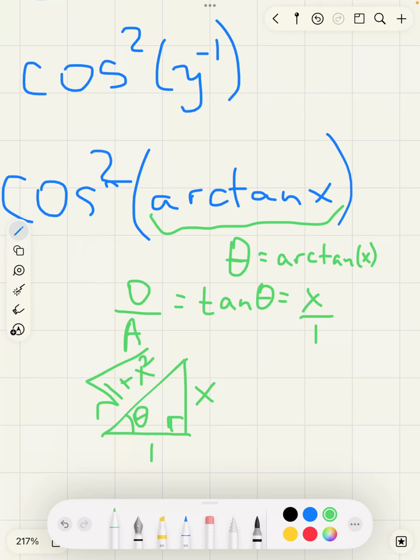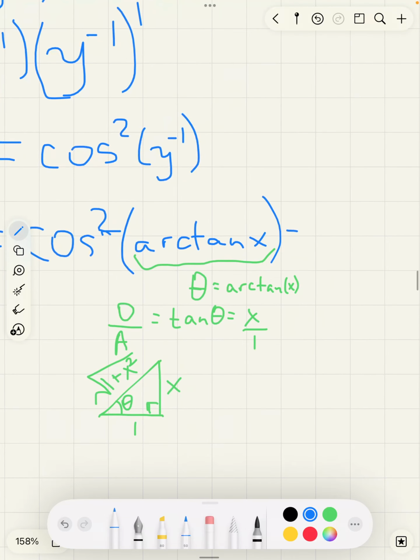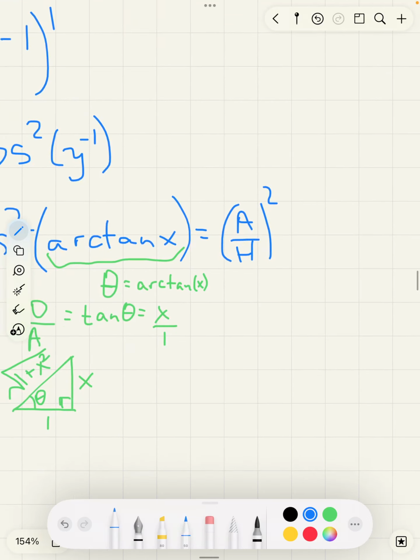So that is the triangle setup. Now that I have all three sides, I can find cosine of the angle theta. We know cosine is adjacent over hypotenuse. And whatever we get, we have to square it. So adjacent to theta, we have 1.